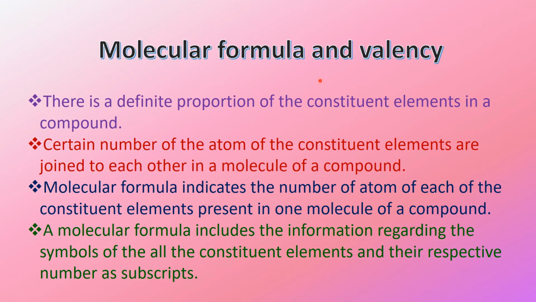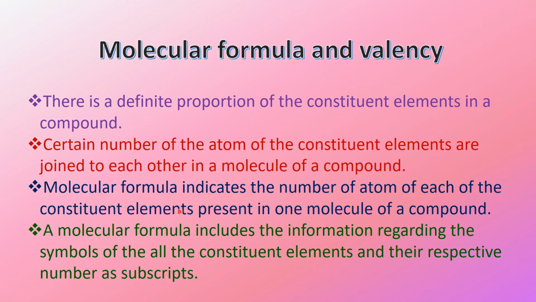Molecular formula and valency. There is a definite proportion of the constituent elements in a compound. How is a compound formed? When 2 or more substances are mixed together in a fixed proportion. A certain number of atoms of the constituent elements are joined to each other in a molecule of a compound.